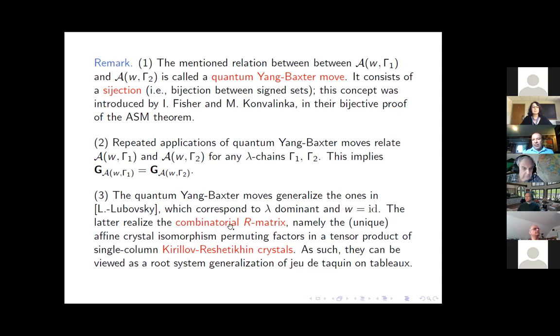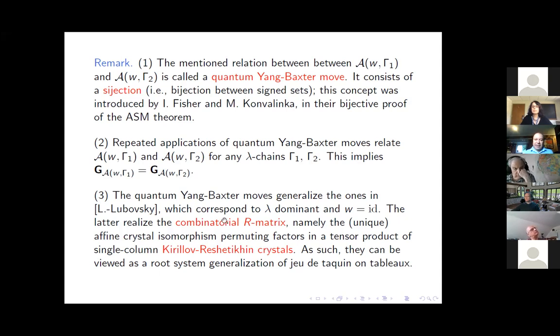And if you want to think of the type A counterpart, in type A, these Kirillov-Reshetikhin crystals have elements indexed by columns of tableaus. So increasing sequences, tensor products of them. And if you want to realize the combinatorial R matrix in terms of tableaus, it comes down to the usual jeu de taquin on columns.